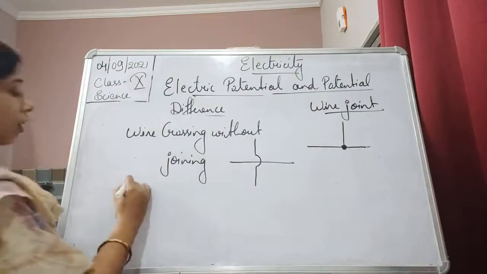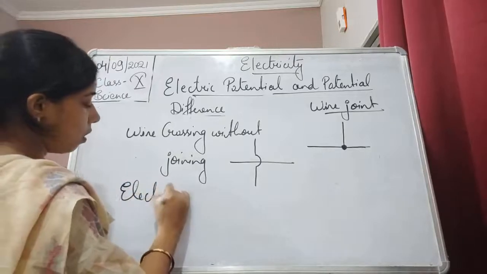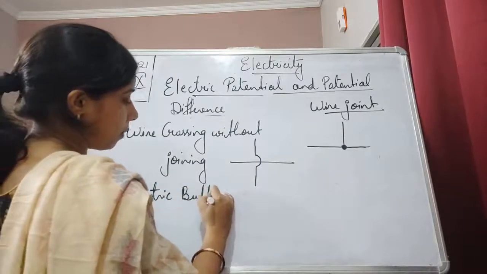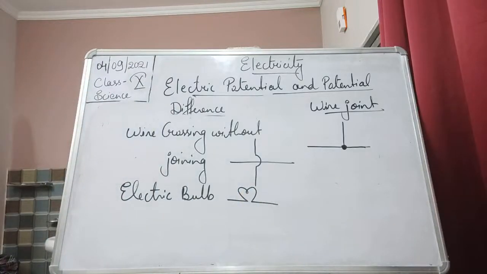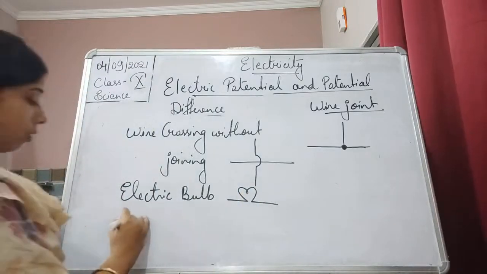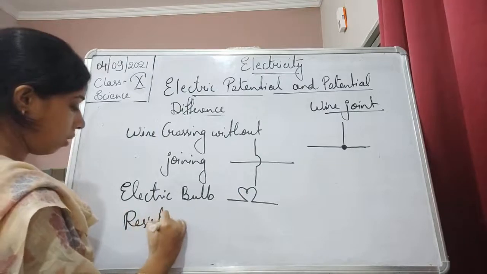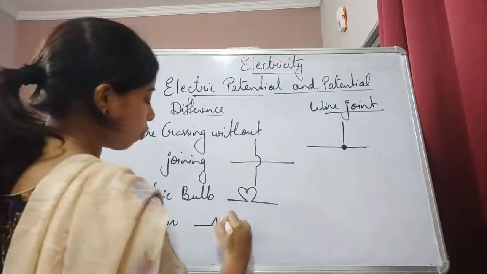If we want to show an electric bulb, students, it will be represented by this. Or a resistor. A resistor can be shown by this.